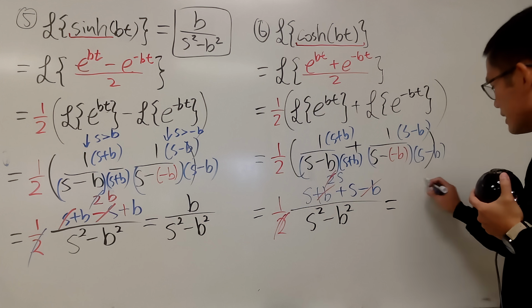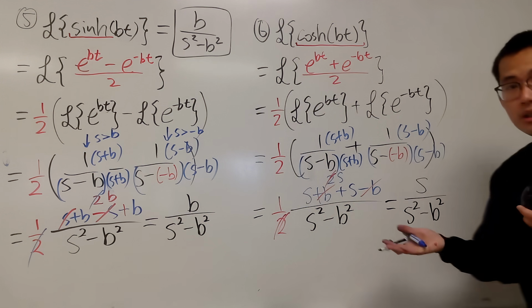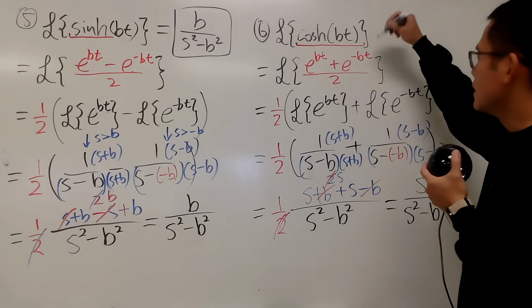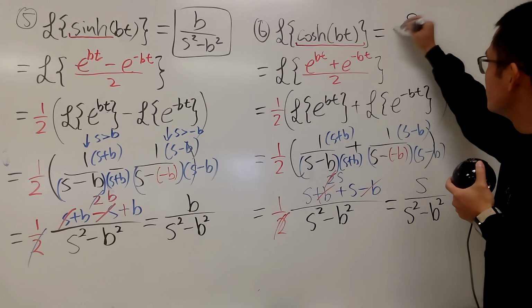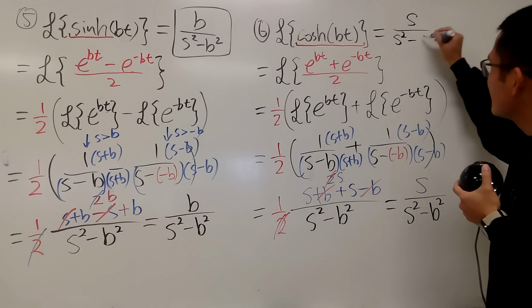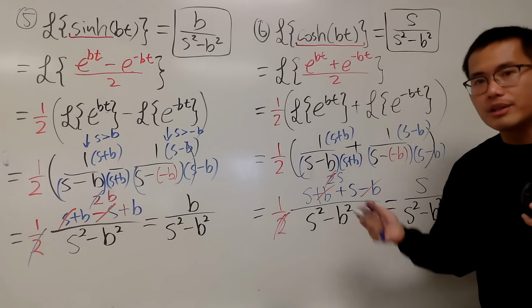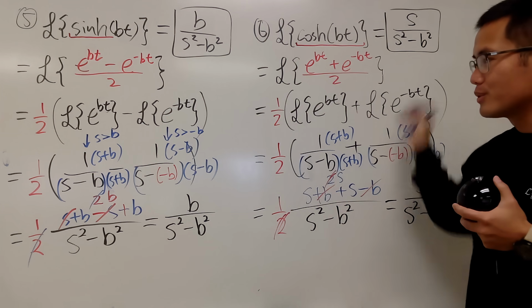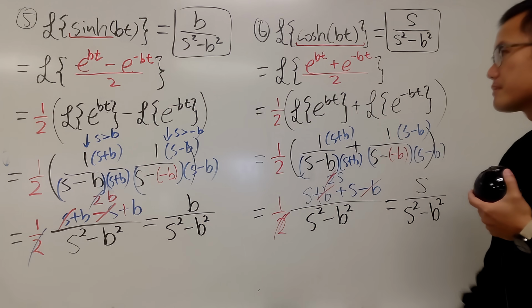So this is the S version, and again, it's very similar to the original cosine of BT. So this right here is S on the top, but you have S squared minus B squared on the bottom, like this, right? And again, you can tell me what the condition is. Just go ahead and write that down. That S should be greater than B.